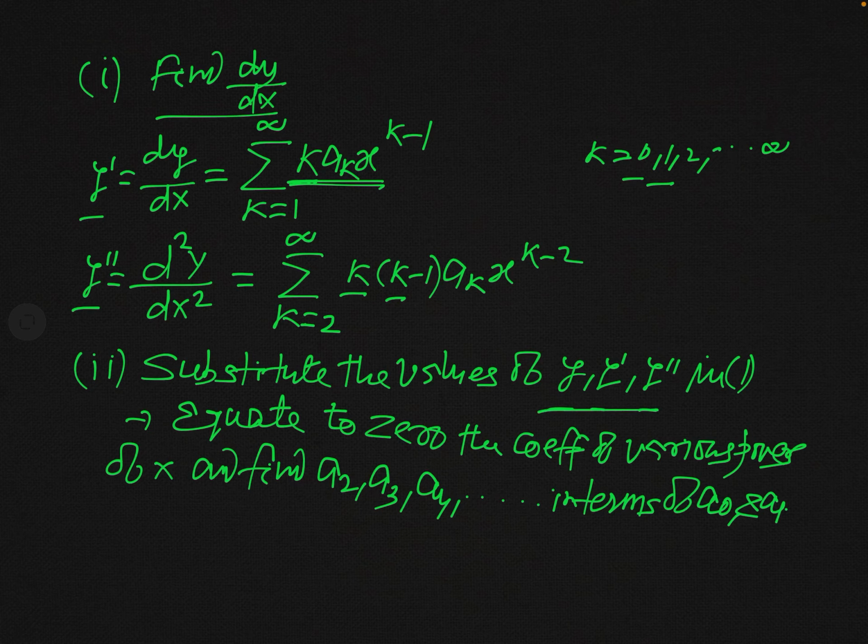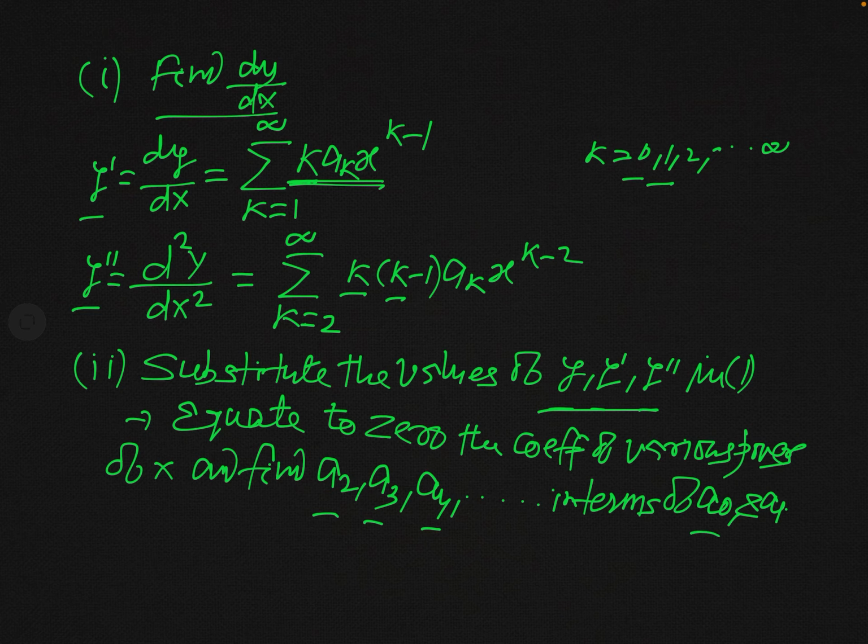Equating to 0 the coefficients of various powers of x after substituting these values in equation 1, we can obtain the values of a2, a3, a4, and so on in terms of a0 and a1.